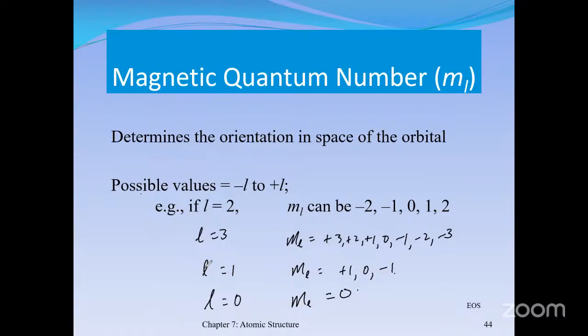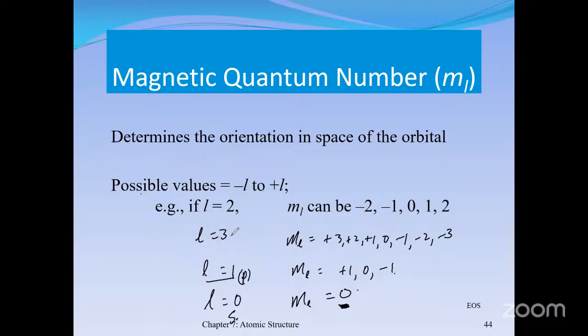So that's basically how we determine the ML values. Now, just to remind you, the ML values correlate to the orientation of the orbitals in three-dimensional space. What we can conclude based on the ML values is the number of separate orbitals that will have the same L value. In the case of L equals 0, which would be the s orbitals, there's only one value of ML, which means there's only one s orbital. In the case of L equals 1, which represents the p orbitals, they come in sets of 3 because there are 3 ML values.